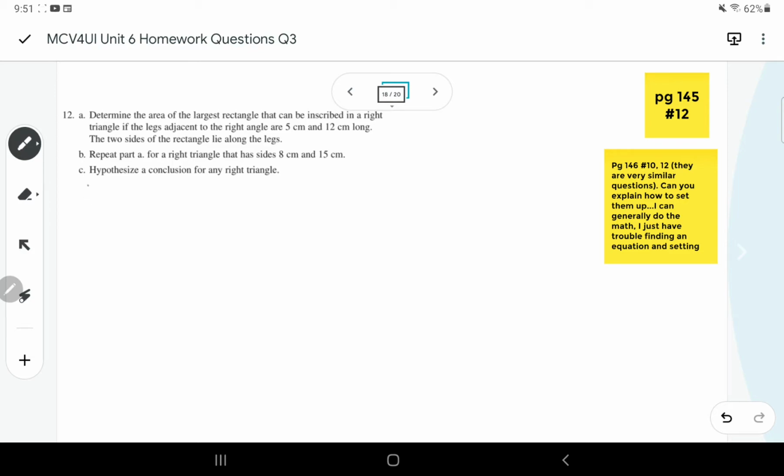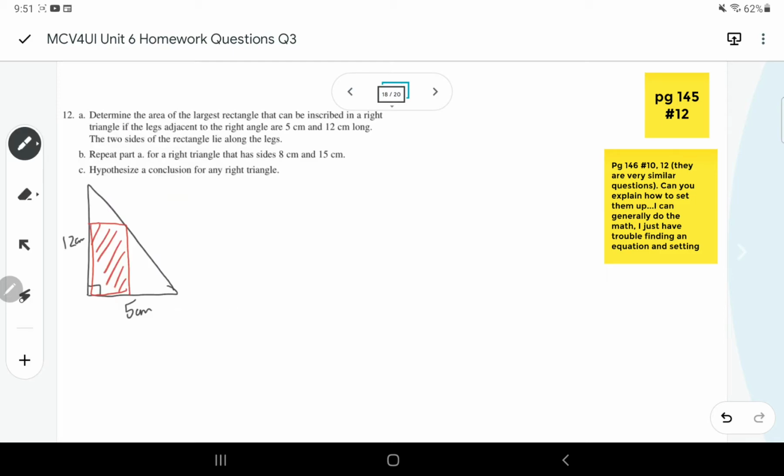So what we have is a right angle triangle with sides of 5 and 12, and we want to fit the biggest rectangle in here that we can, maximum area that we can fit in there.